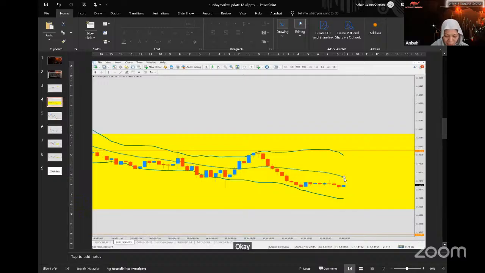Once we do that, our first target is at 1.3944, which is the bottom of that rectangle. And then your second TP is that orange line at the bottom of the chart.